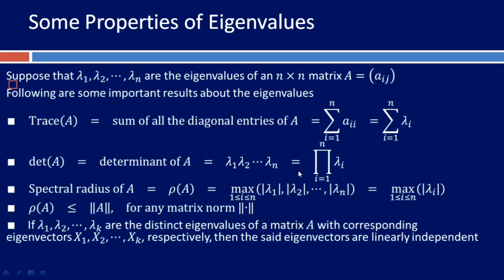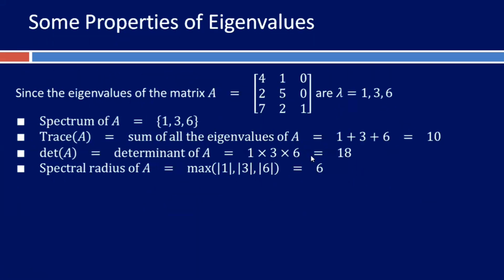Now we see some other properties of eigenvalues. For example, we have the matrix A. In the previous slides we studied general concepts about its spectrum, determinant, spectral radius, and trace.